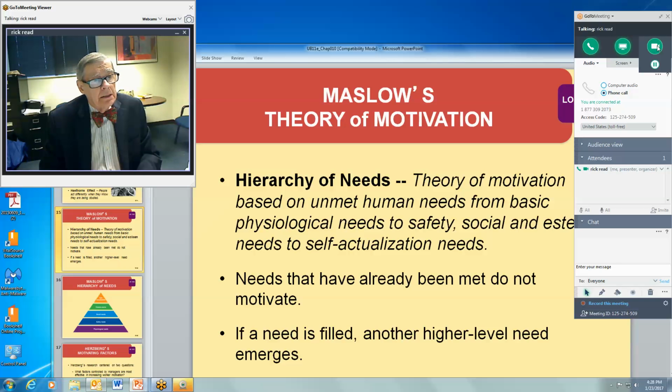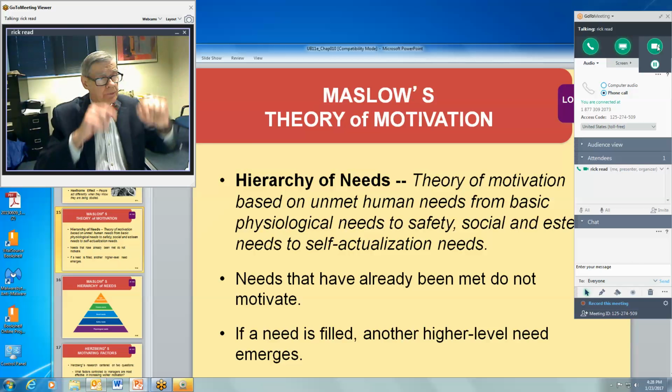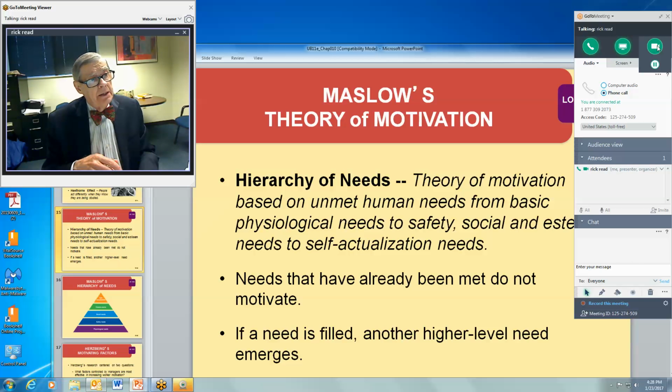And what Maslow simply said is that there are 5 levels in his pyramid, and they start from the most basic, which is physiological. And remember, a pyramid has a broad base, and then it goes up to an apex. And then you have physiological, and then safety, and then social needs and esteem needs and self-actualization.